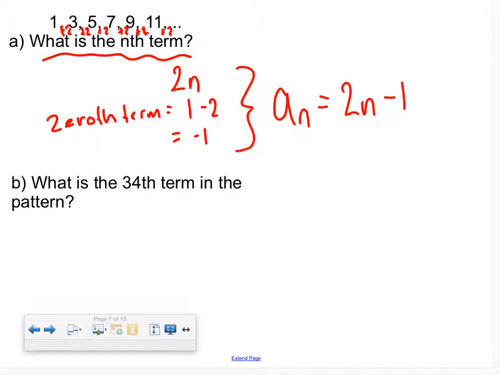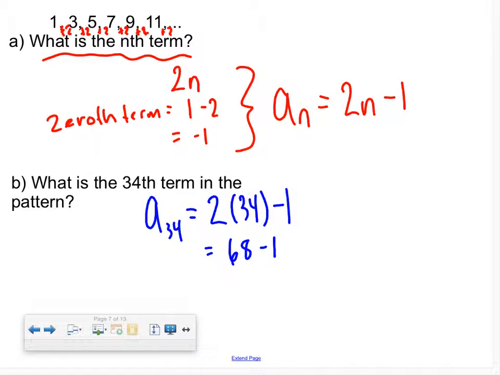So what's the 34th term in this pattern? We're looking for a sub 34. 2 times 34, subtract 1. I get 68 subtract 1, which gets me 67.